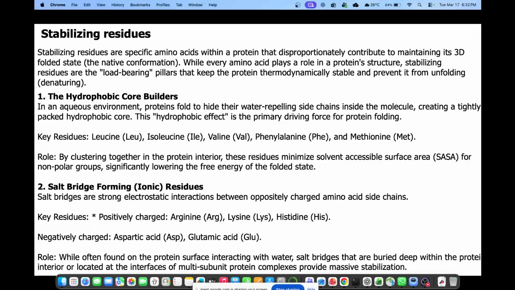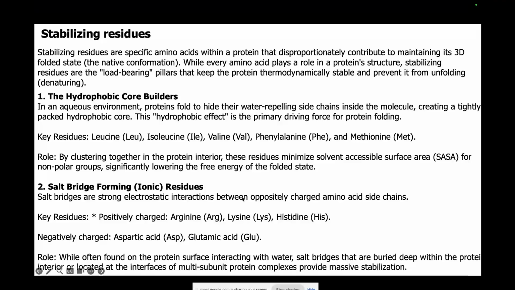While often found on the protein surface interacting with water, salt bridges that are buried deep within the protein interior or located at the surface interfaces of multi-subunit protein complexes provide massive stabilization. So these are very important. The formation of salt bridges, because of the presence of these charged amino acids, gives the structure the stability that it requires.